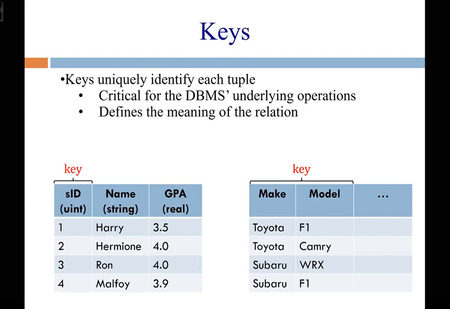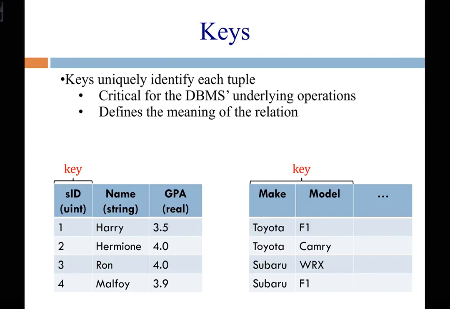That's the only reason the SID column exists, is to uniquify all of these tuples. Without SID, it's very unlikely, but still possible, that two students will have exactly the same name and exactly the same GPA. Unlikely, but we can't just rely on the unlikeliness of it to solve the problem.